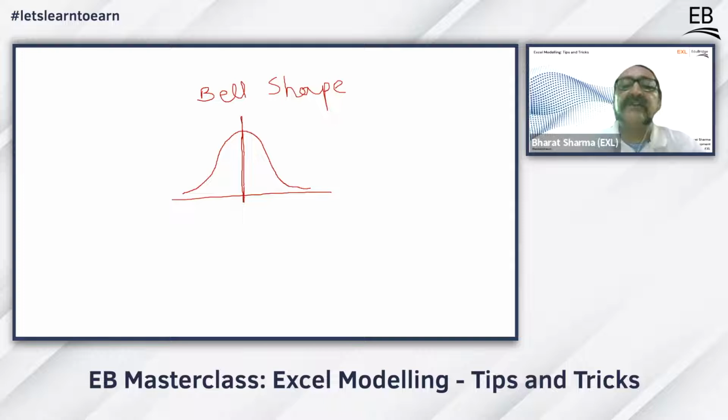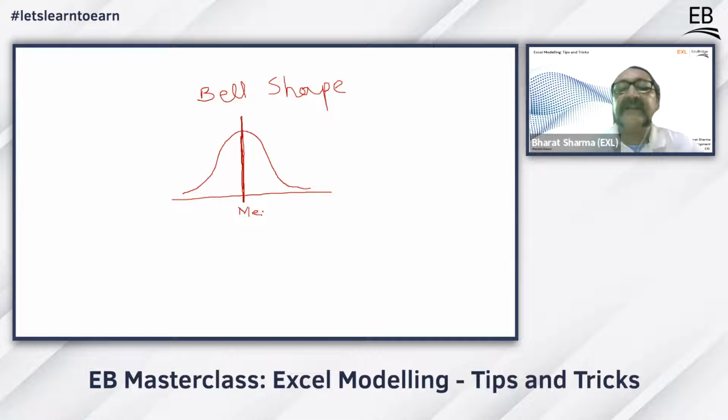And this is what Carl Gauss's studies revealed. Maximum data points will be here. And he said that this is the middle point of your data set.